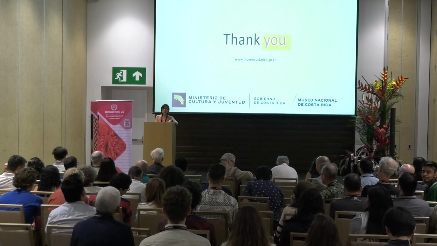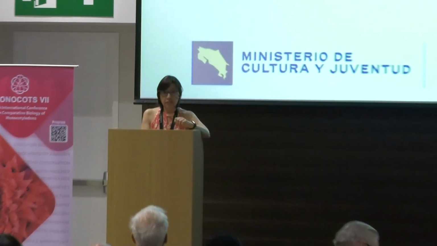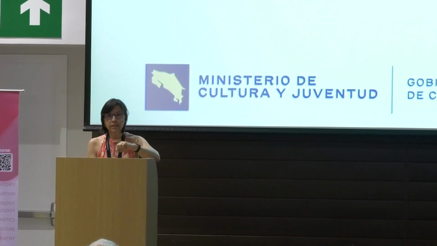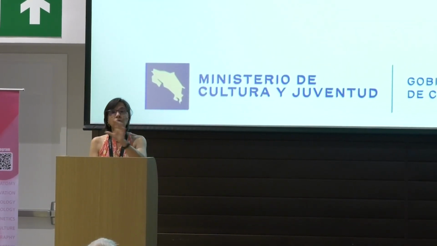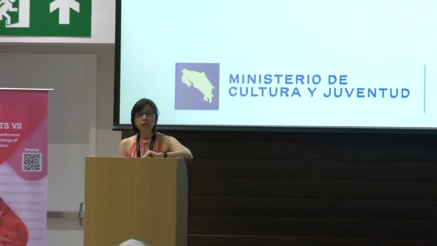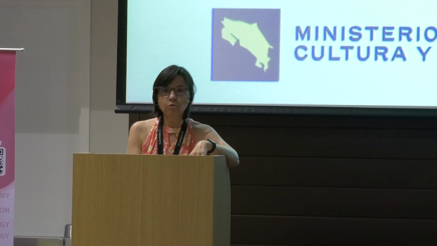So maybe the information is difficult to reach, but yes, if you go to every specimen, there is a map and the information and also the image. But we are in process. We have a lot of things to do, but we are in that process.